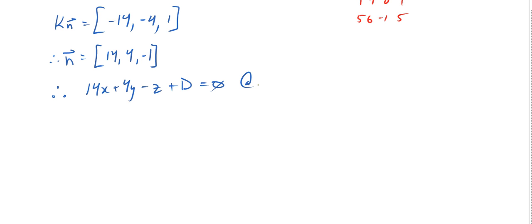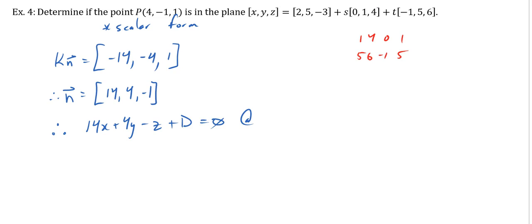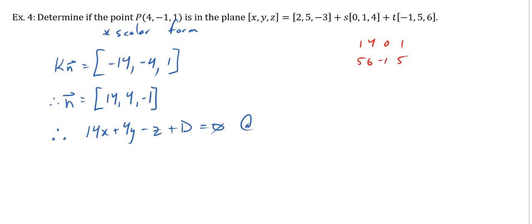Okay, and what's our point? Our point is 4. It gives us that as the position vector in the equation: 2, 5, negative 3.